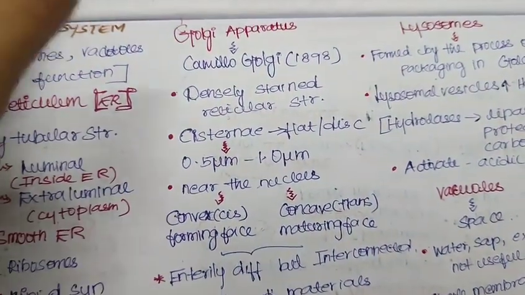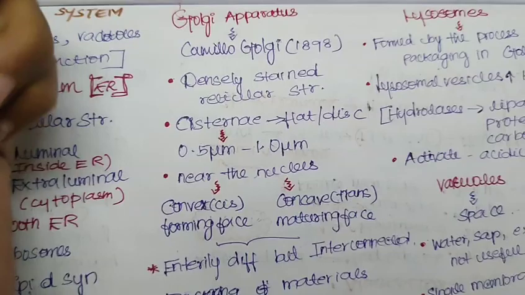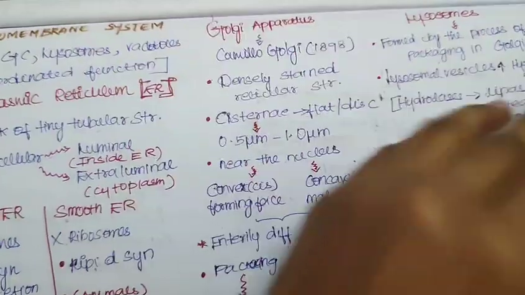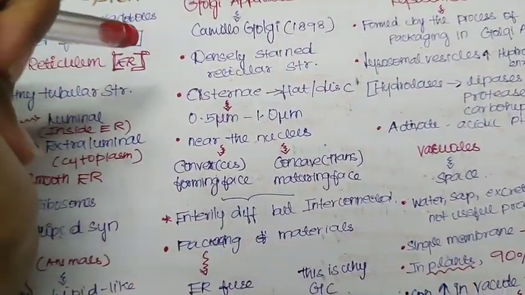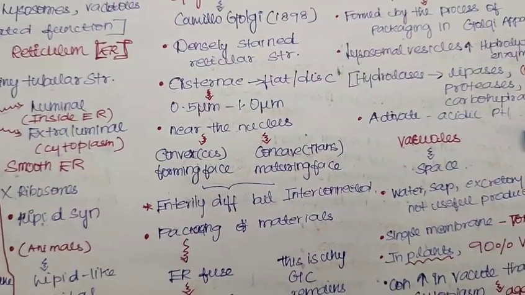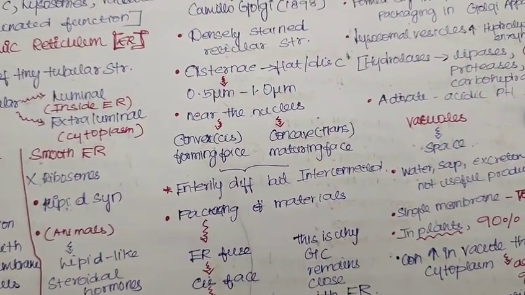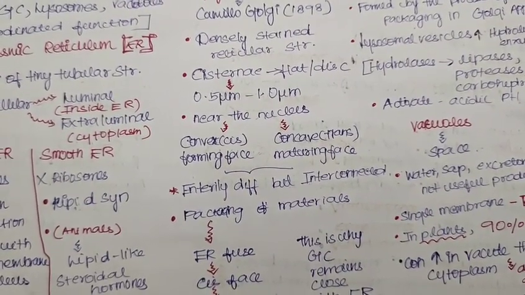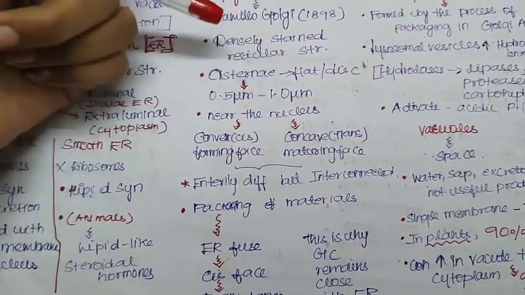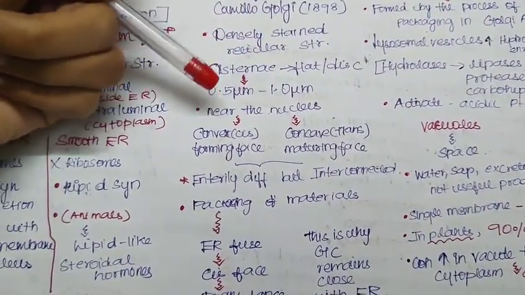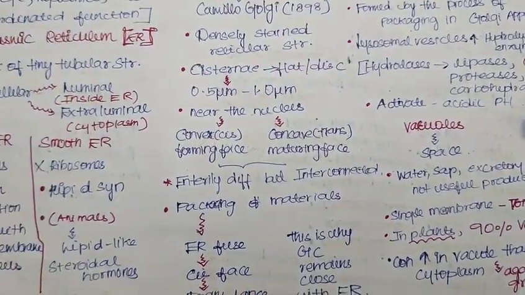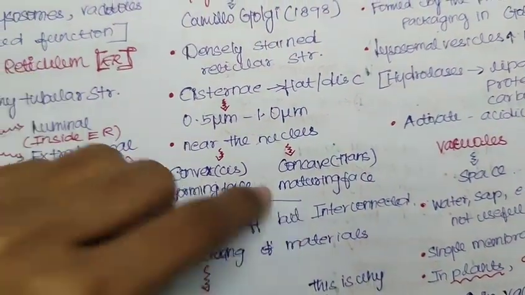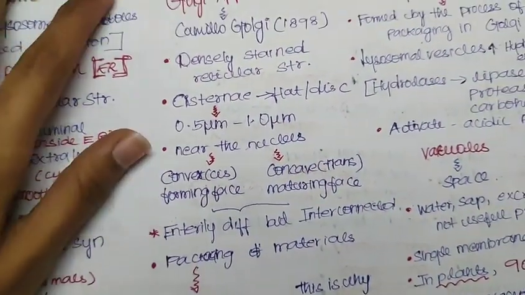These are generally densely stained reticular structures, whereas in the case of the endoplasmic reticulum these are tiny tubular structures. So this is the difference in shape between the organelles. The Golgi bodies contain cisternae, which are nothing but flat or disc shaped sacs, and these are 0.5 to 1 micrometer in size.